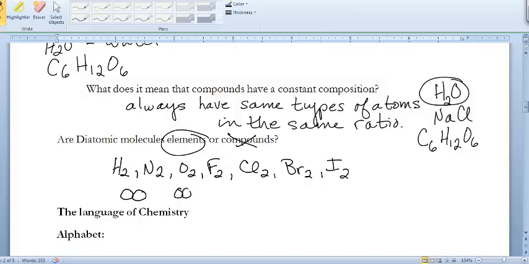So the oxygen and nitrogen in the air that you breathe is made up of 2 oxygens connected together, or the nitrogen is 2 nitrogens connected together, and our body breathes in these things. The oxygen we use, the nitrogen we don't use. But the oxygen is not just a single atom of oxygen, it's 2 atoms. And when we talk about bonding, we'll discover why there are 2 atoms for all of these diatomics.